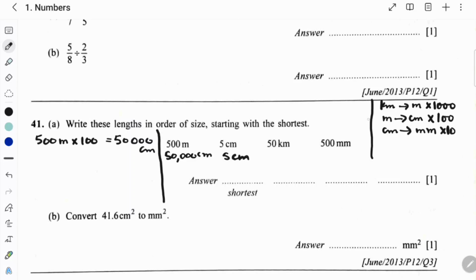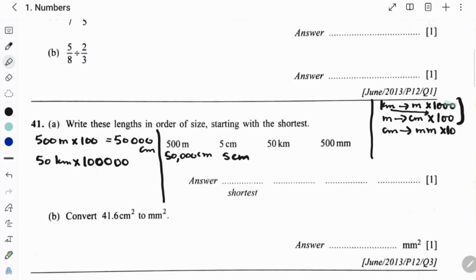50 kilometers, kilometers to centimeters, multiply by 100,000. Okay, 3 zeros and 2 zeros more, so the 5 zeros we are multiplying. So you multiply by 1000 to get it into meters, and then 2 more zeros to get it into centimeters.